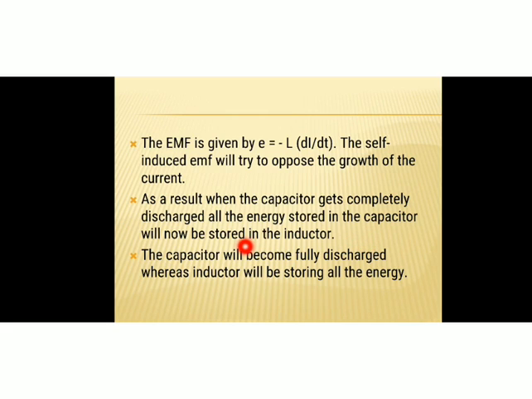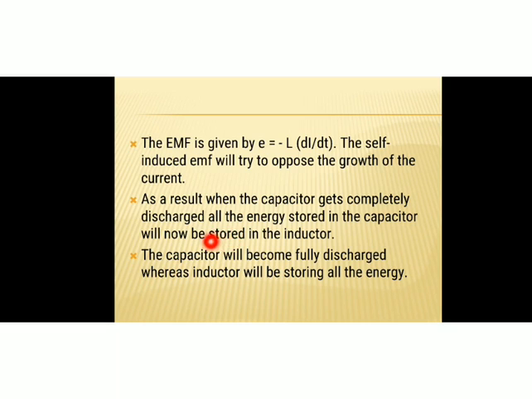So whenever the capacitor is fully discharged, all the charges are transferred from the capacitor to the inductor. So that means the energy is now completely stored inside the inductor. All the energy which was stored in the capacitor will now be stored in the inductor.